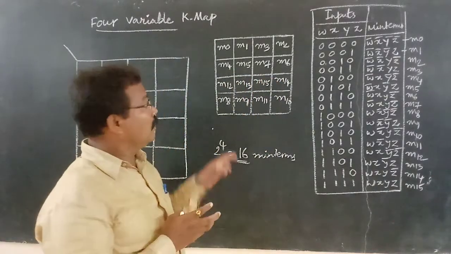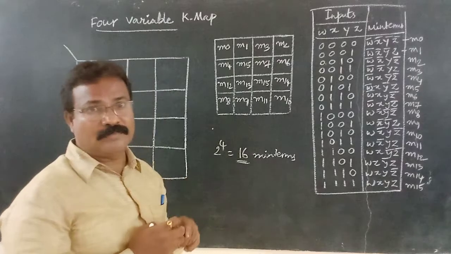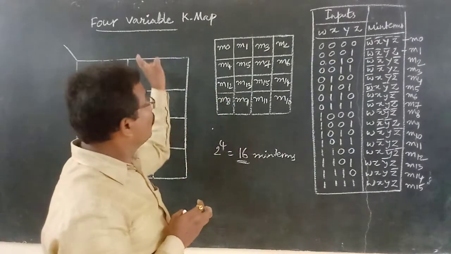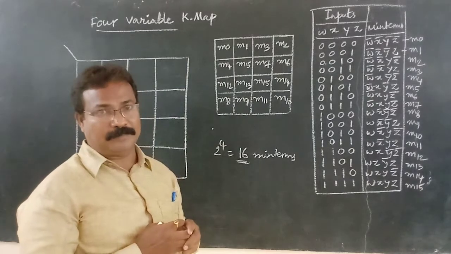This is the representation of 16 minterms in the four variable K-map.